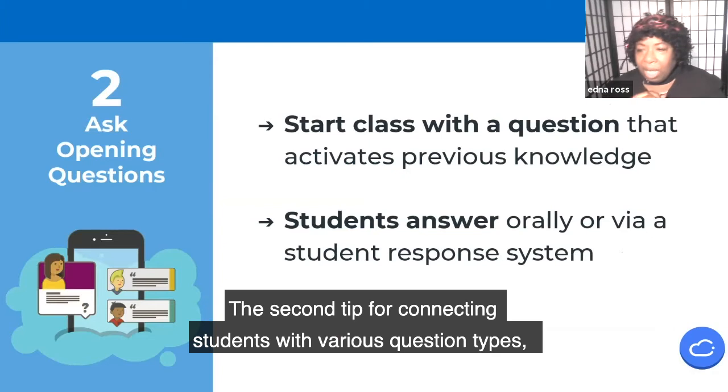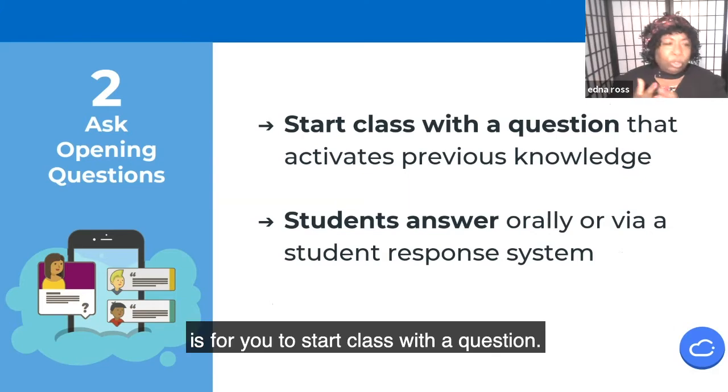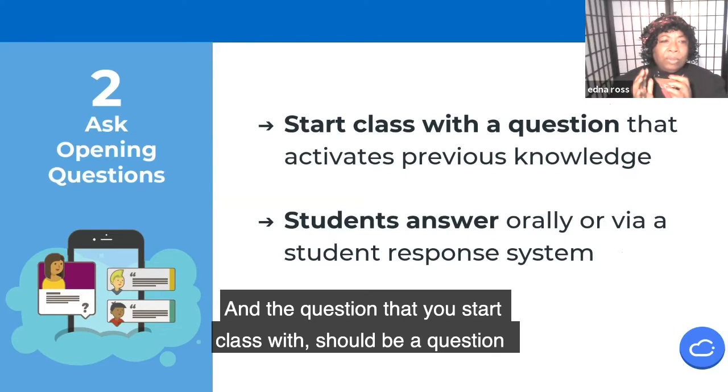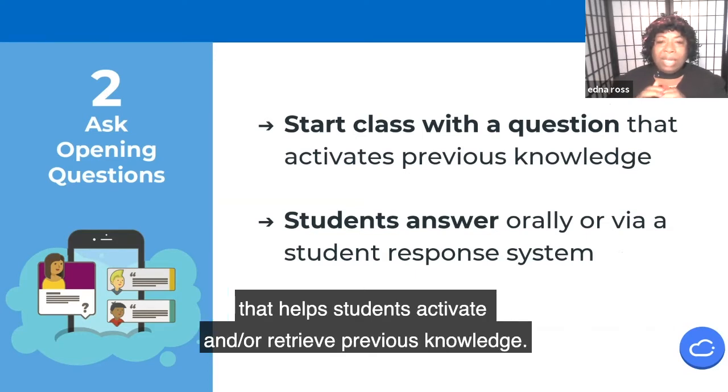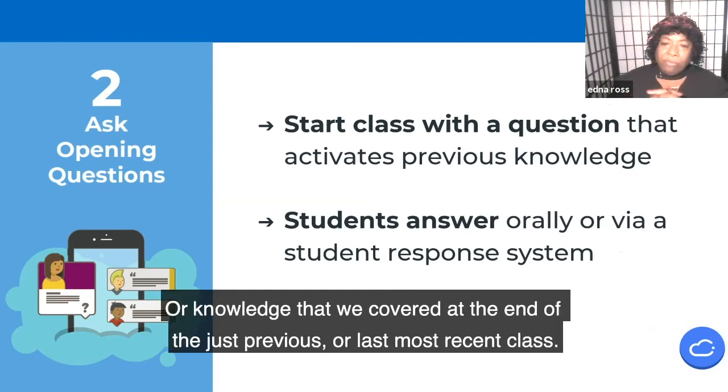The second tip for connecting students with various question types is for you to start class with a question. And the question that you start class with should be a question that helps students activate and or retrieve previous knowledge, or knowledge that we covered at the end of the most recent class.